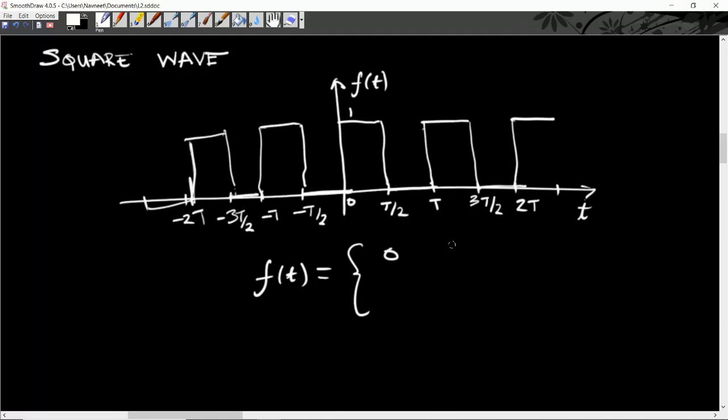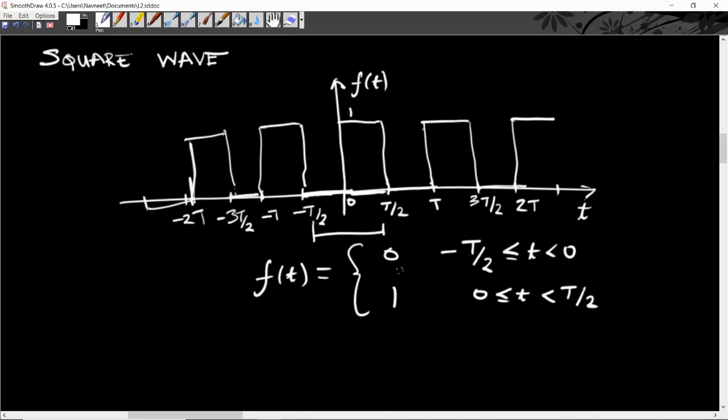If we consider this function between the time interval minus T by 2 to capital T by 2, then I can write it as function f of t, which is 0 for the time interval minus T by 2 to 0, and is equal to 1 over this particular time interval 0 to capital T by 2.